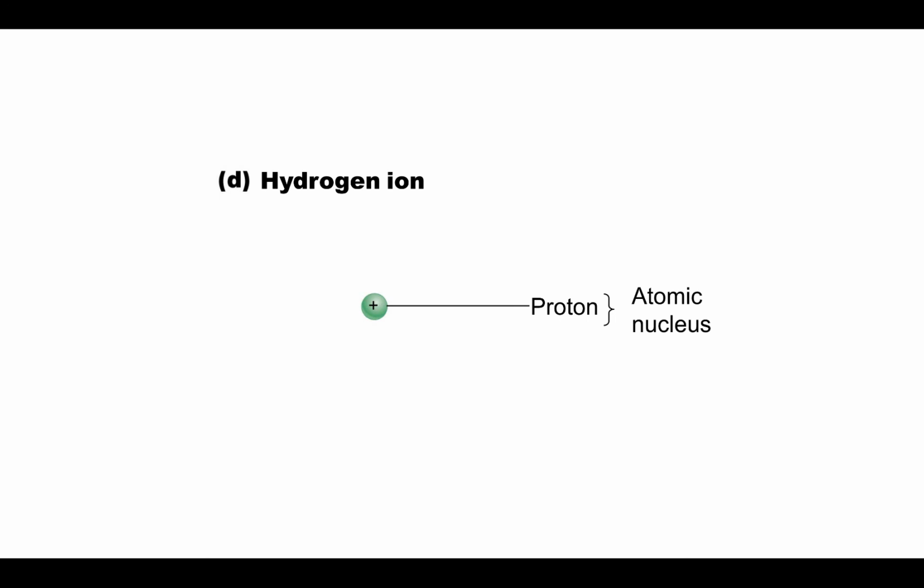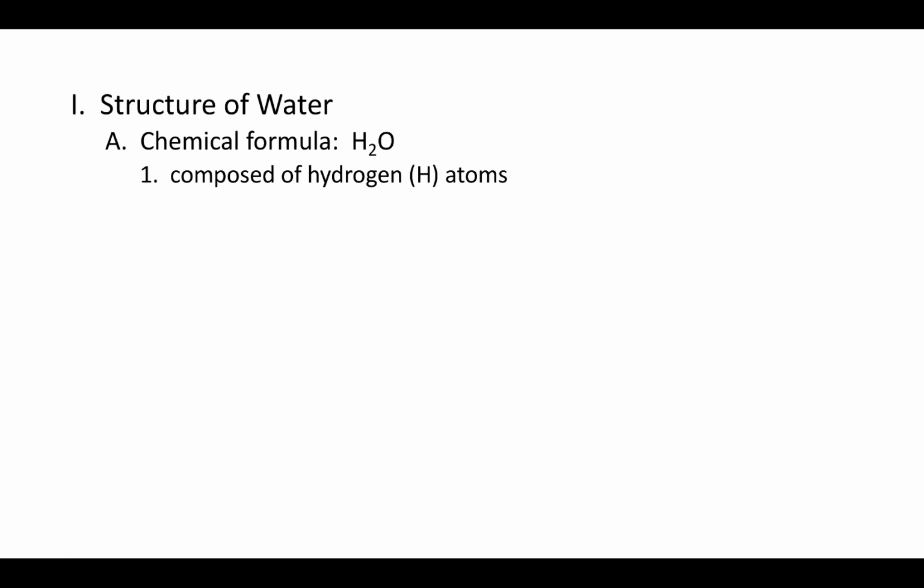I do want to look at the structure of water, because it's very important in the process of life. The chemical formula for water, which I'm sure you all know, is H2O. That means it's composed of hydrogen atoms and also an oxygen atom.